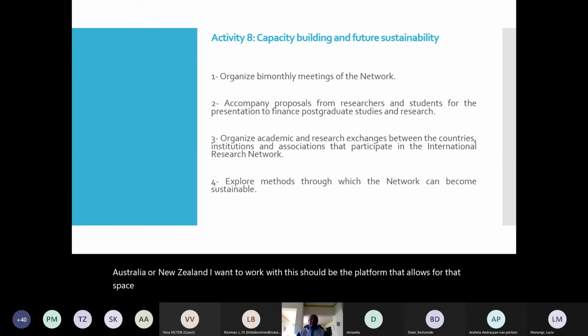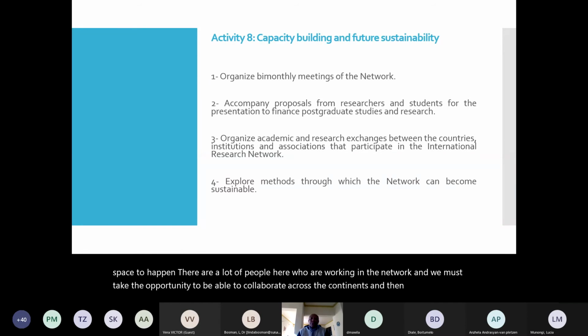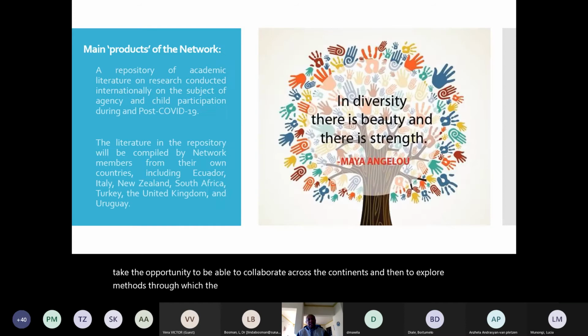There are a lot of people here who are working in the network, and we must take the opportunity to be able to collaborate across the continents, and then to explore methods through which the network can become sustainable. And the main products of the network, as I said, will be the repository where this literature can be accessed.